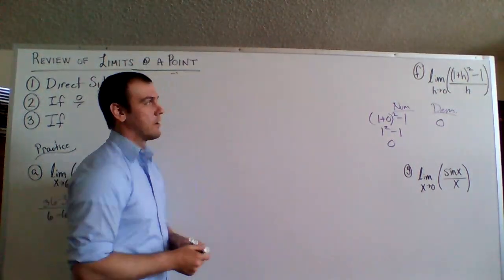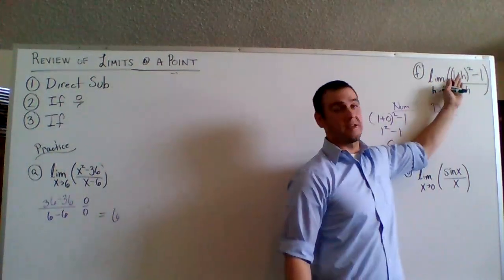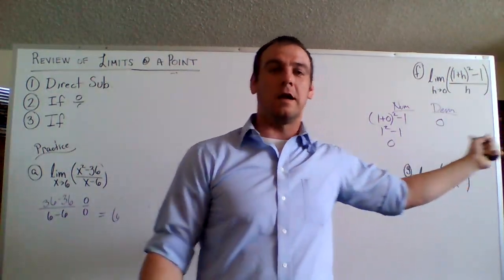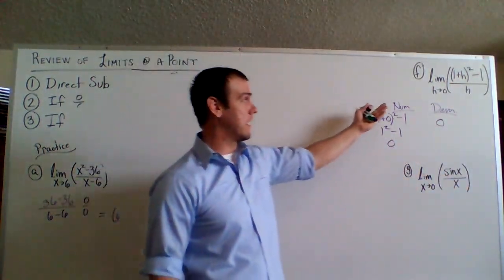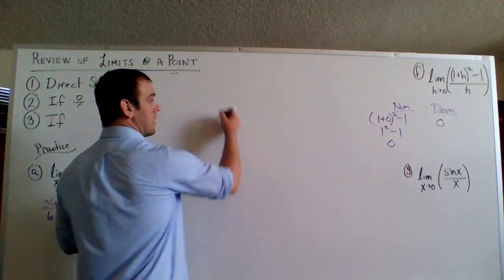On this one, when we go ahead and try to finagle, what you're probably going to want to do is expand the 1 plus h all squared. All right, then hopefully your minus 1 will cancel, your h's will cancel, and you're going to all be good. Let's check this out.